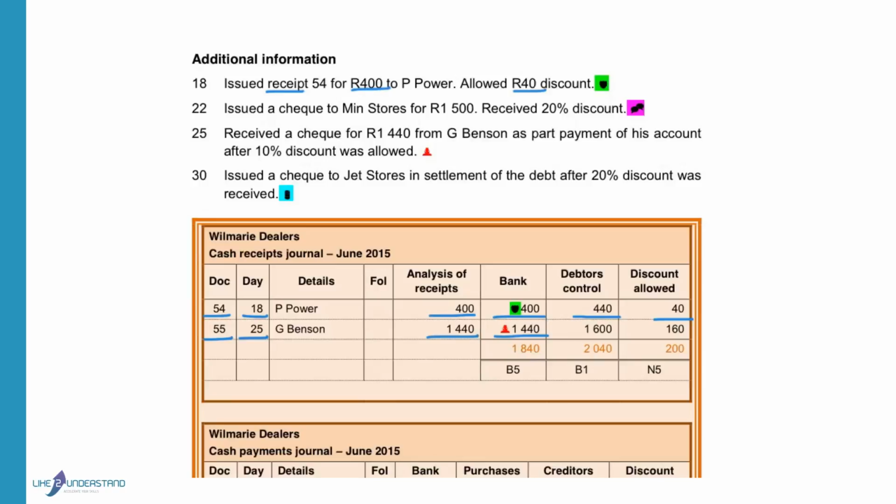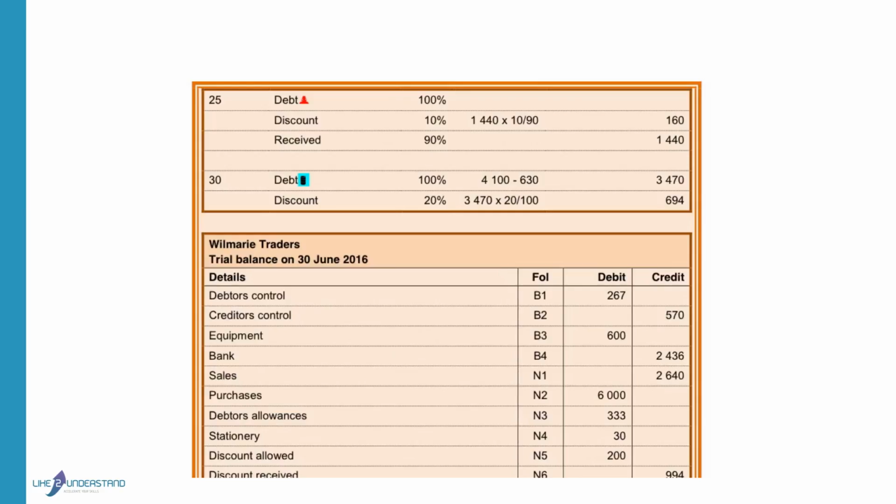And then we have to go and do a calculation to determine what is the discount. Now remember, the amount received is 1,440. That is after 10% discount. So we didn't receive the total 100% of the debt. We only received 90%. If we received the total debt, we would receive 100%.